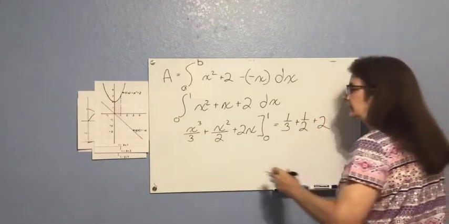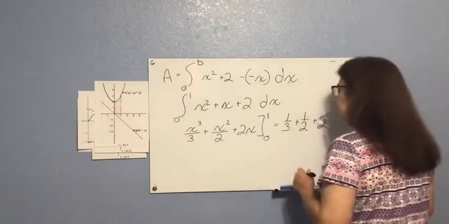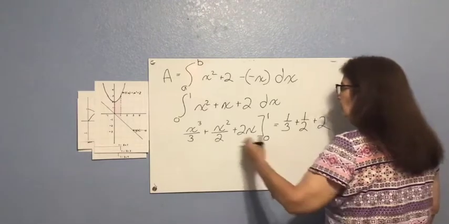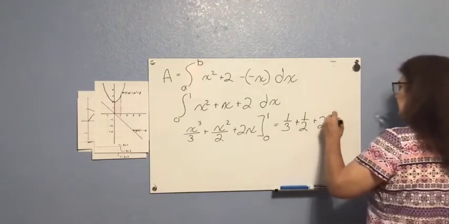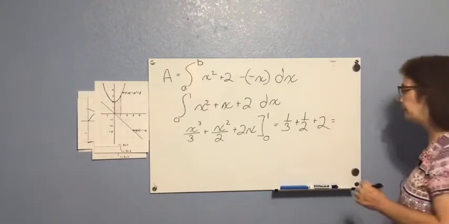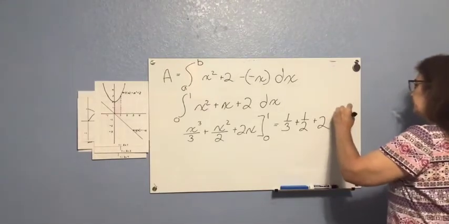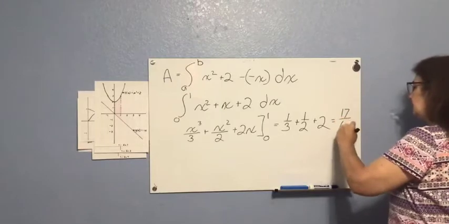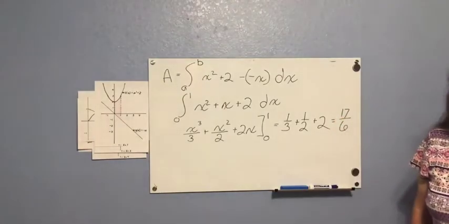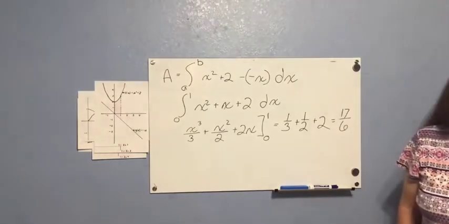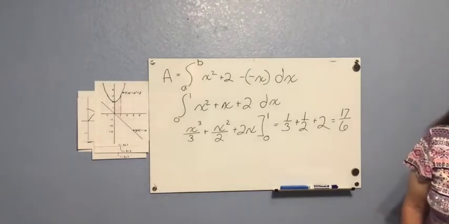Those are the values at 1. The values at 0 are all going to work out to 0, so we don't need to even subtract those. And when we add these together, we get 17 over 6. So that is the area between those two curves, or those two functions.